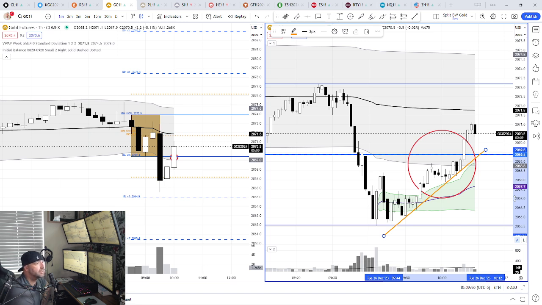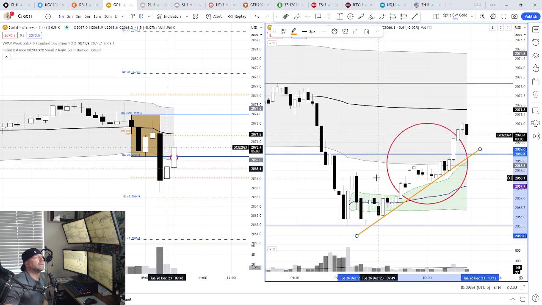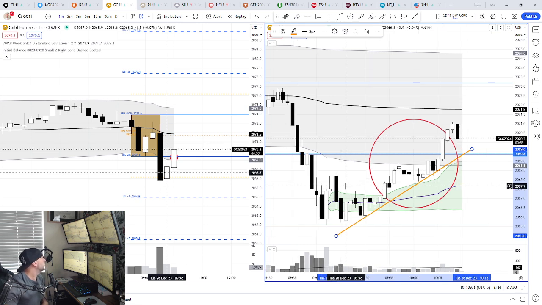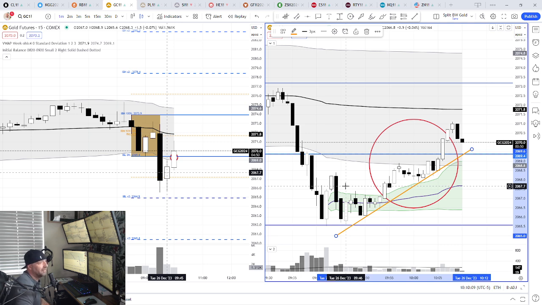You're going to get some chasers coming in here. And it might work out for them. I don't know. He's going to give up that whole move. I love it when that happens.